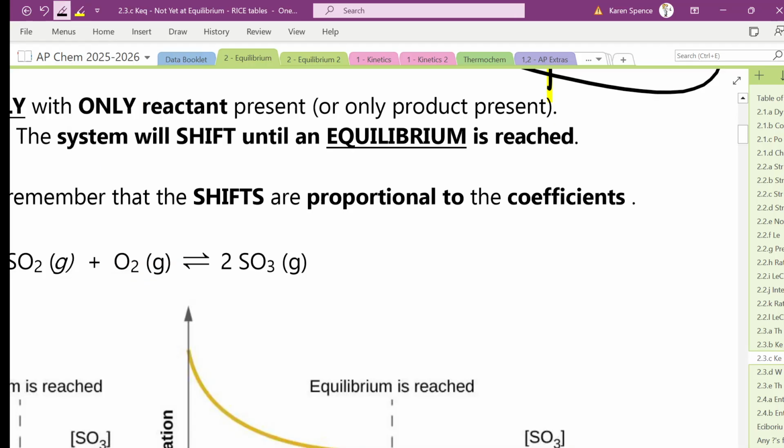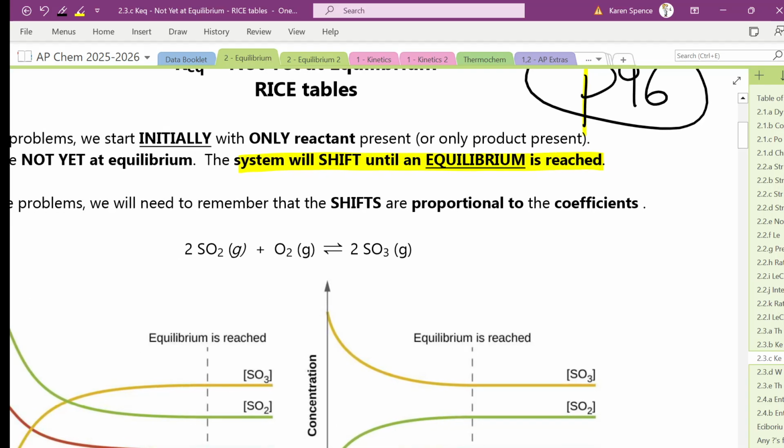So we won't get to equilibrium until we have shifted. So the system will shift until an equilibrium is reached. And we still need to keep in mind, just like we did on our diagrams, that the shifts are proportional to the coefficients. Okay, so nothing has changed there.